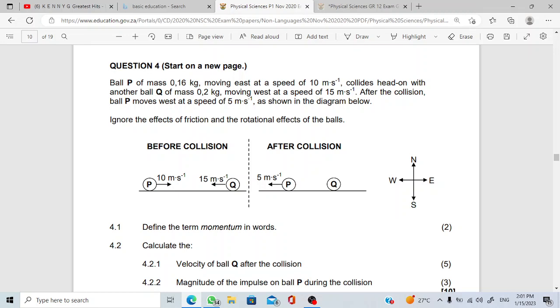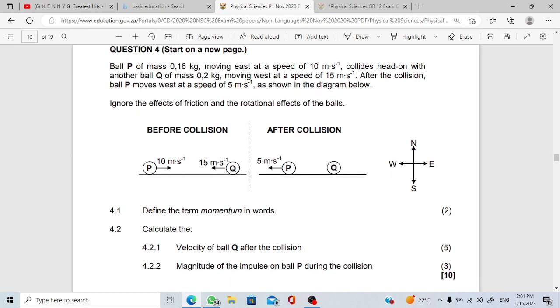The highlight, guys: in an inelastic collision momentum is also conserved, but in an elastic collision both momentum and kinetic energy are conserved. I repeat, in an inelastic collision only momentum is conserved, but in an elastic collision both momentum and kinetic energy remain conserved. Now let me solve.